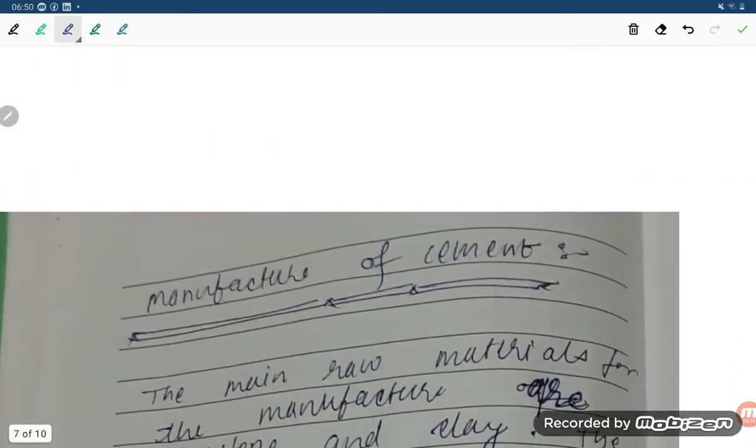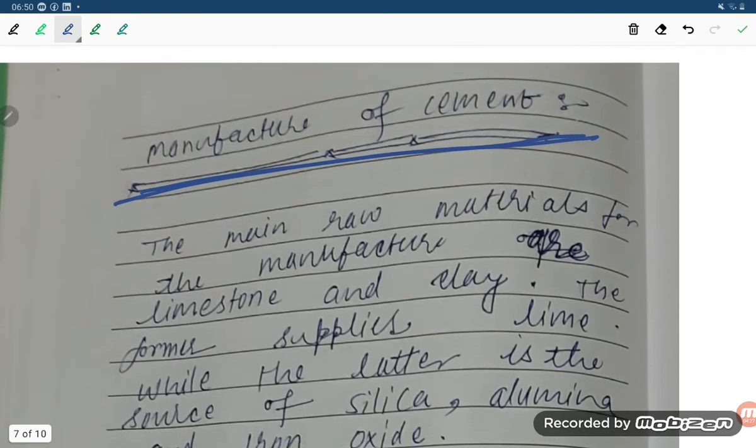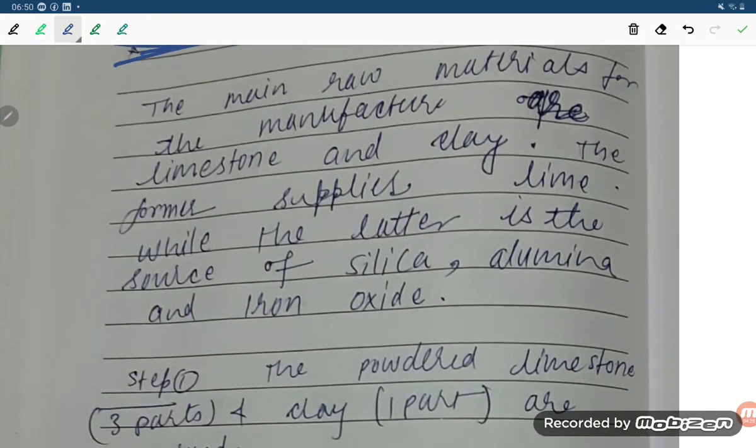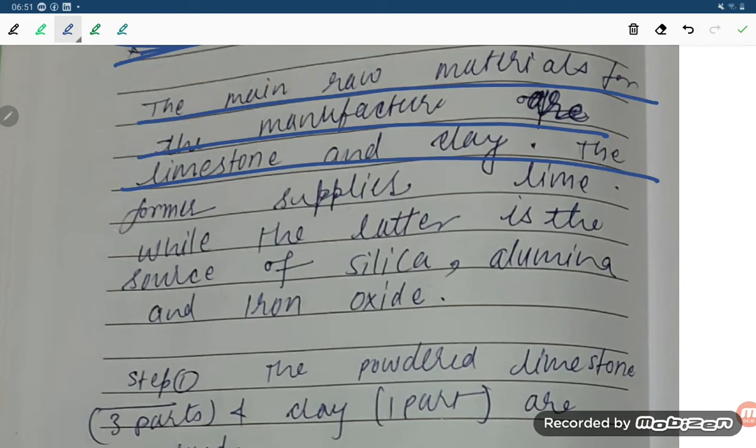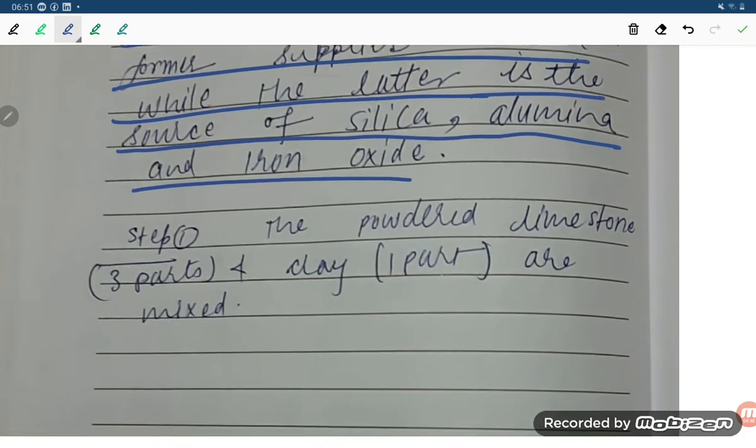Next point, students: manufacture of cement. The main raw materials for the manufacture of cement are limestone and clay. Limestone supplies the lime, while the clay supplies the silica, alumina and iron oxide.